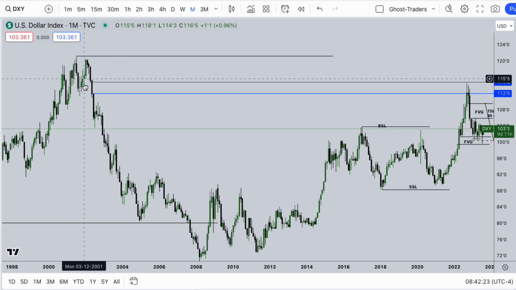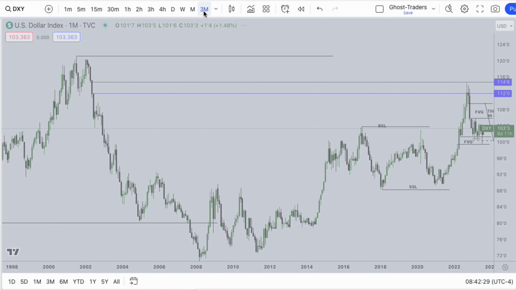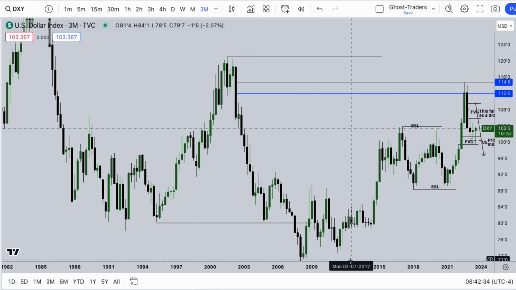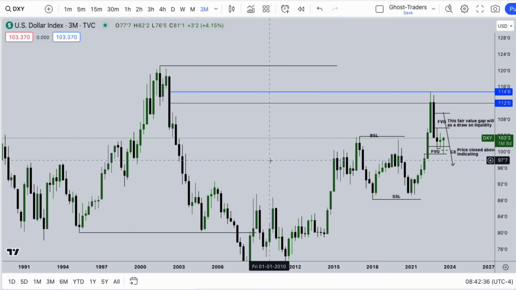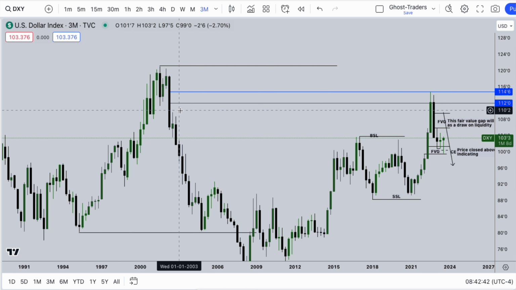If you just go to another time frame, you might find that this is just one candle. So you can see, let me go to 3 months time frame. On the 3 months time frame, it's indicating that we have a fair value gap from here to here.